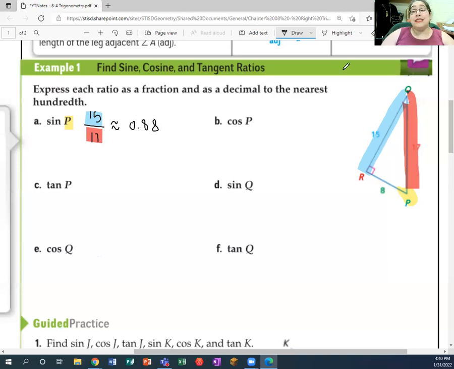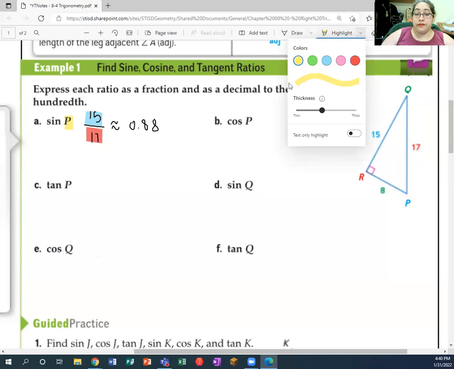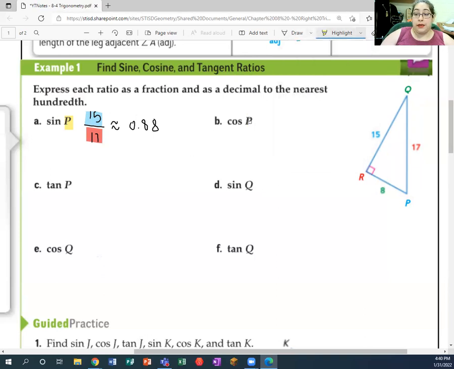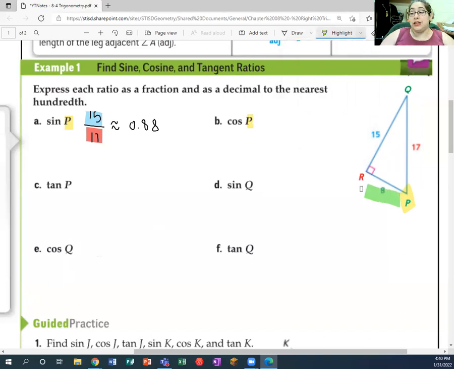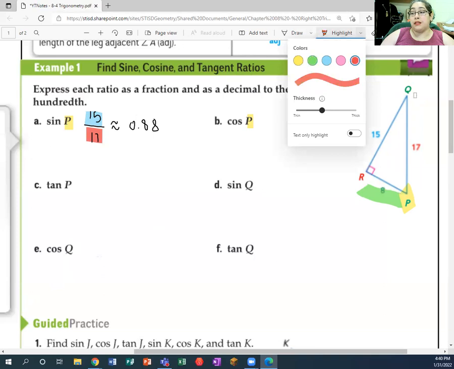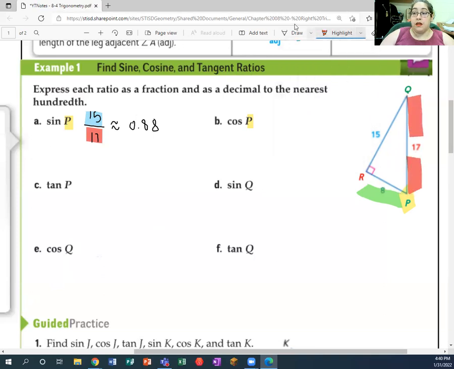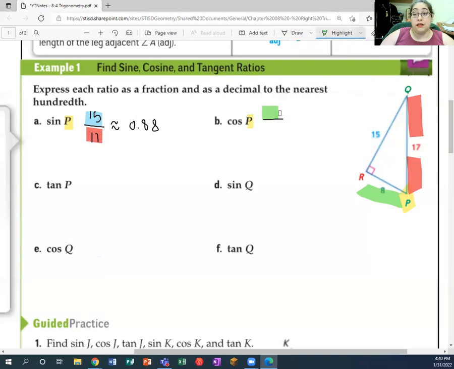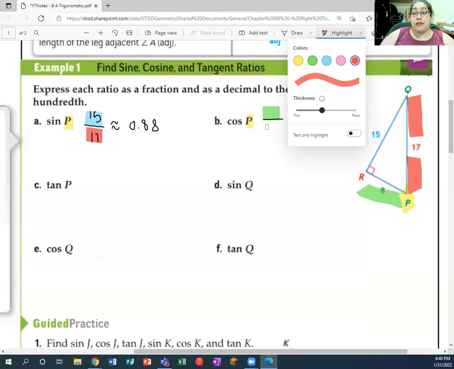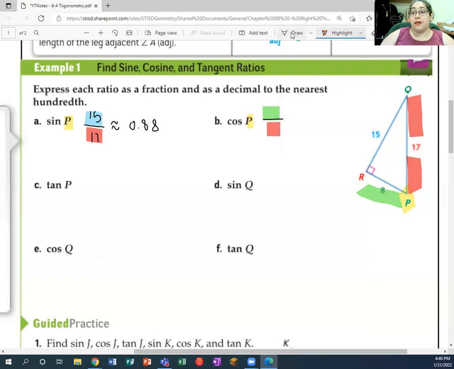All right, let's do cosine. We want the cosine of P. Again, here's angle P. And cosine is adjacent over hypotenuse. All right, so I need the fraction that is the side adjacent to angle P divided by the hypotenuse of my right triangle.